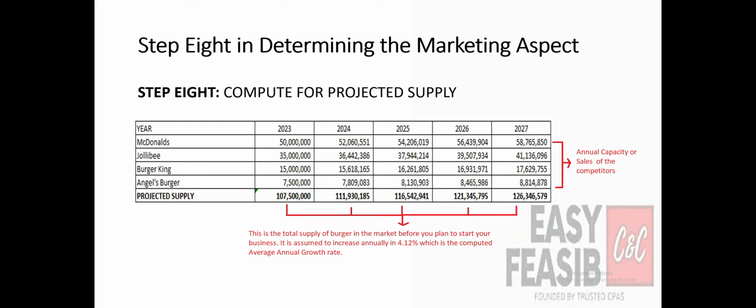Check the total for each year to come up with the annual maximum capacity of your competitors, or the projected supply. Very easy, right?